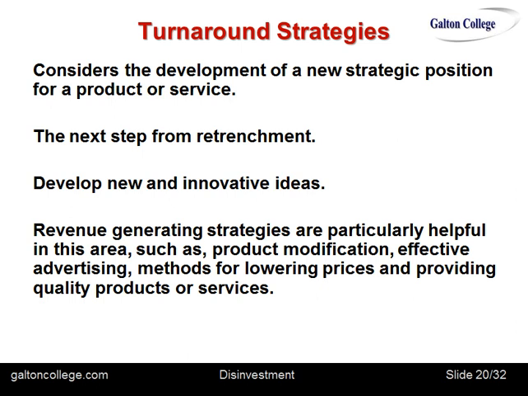So it's modifying the product, better marketing, more effective advertising, positioning the product in the market with a higher profile, branding the product, lowering its price, and so on. And these are all types of turnaround strategies that may be deployed in order to help the business in times when it may be facing financial issues.